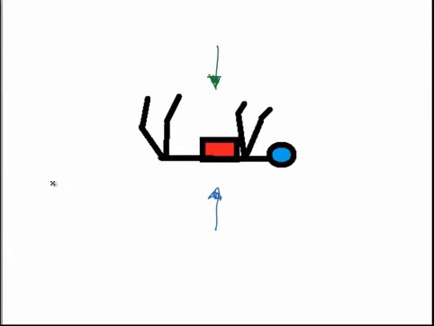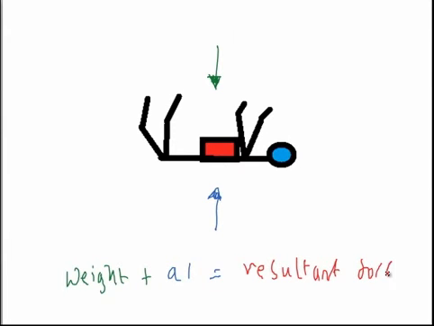And together the weight plus the effect of air resistance equal the resultant force, which we looked at in the first few of these videos.